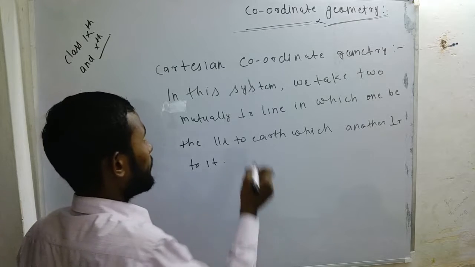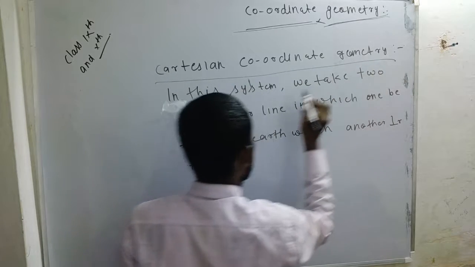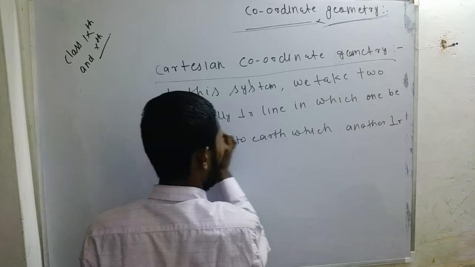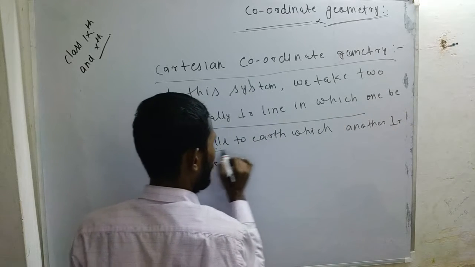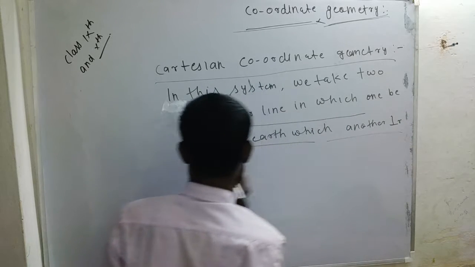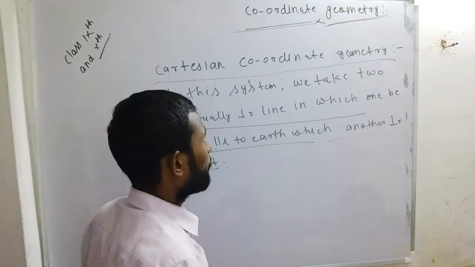That means in Cartesian coordinate geometry, we will take firstly two mutually perpendicular lines, take one parallel to earth while another perpendicular to it.